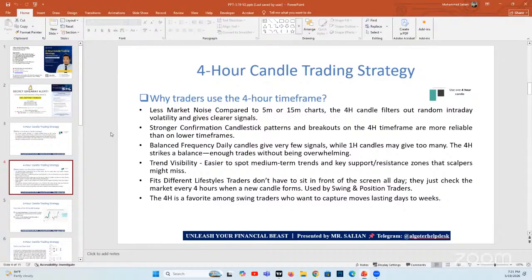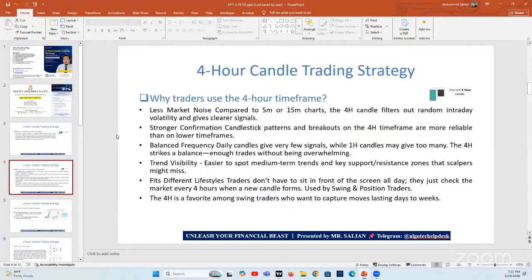It also is a balanced frequency. Daily candle gives very few signals, while H1 candles may give too many. The 4-hour strikes a balance, enough trades without being overwhelming.